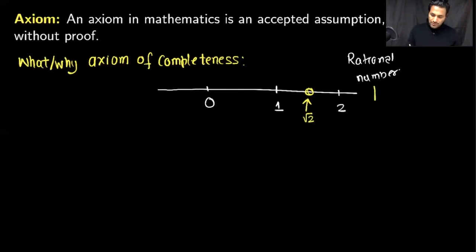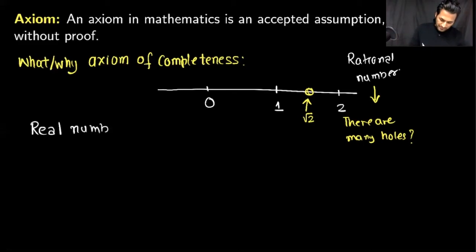So there is an issue with the rational number system. There are many holes. This is the biggest limitation of the rational number system, because there are so many holes. To overcome this issue, we defined a new number system, the real number system.